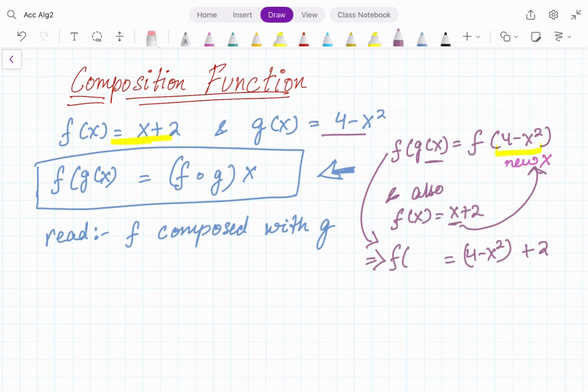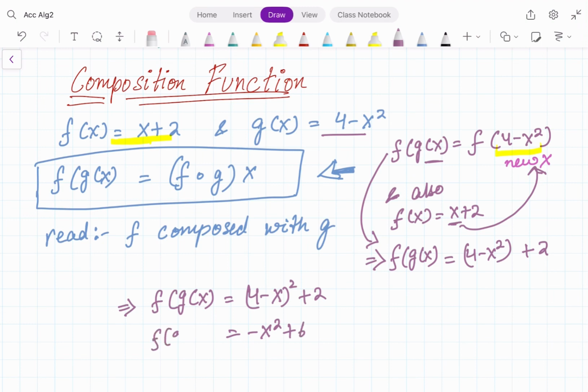That means f composed with g of x. If you solve it, f composed with g of x will give you a new function, which is negative x squared plus 6. How did I get negative x squared plus 6? Because I used the a minus b whole squared property. So this is the basic of writing the composite function.